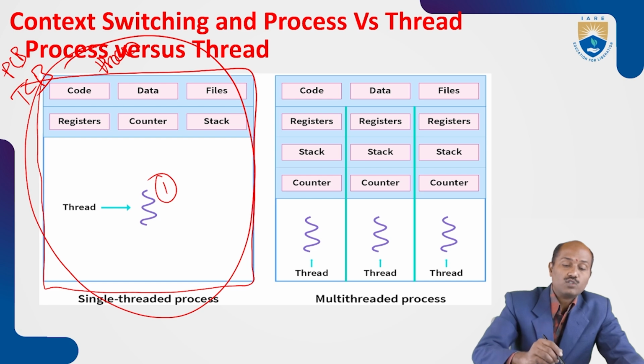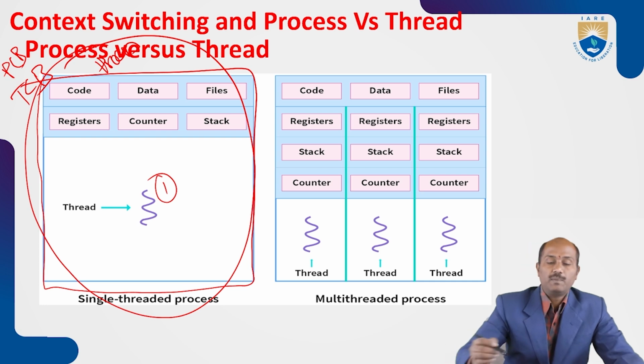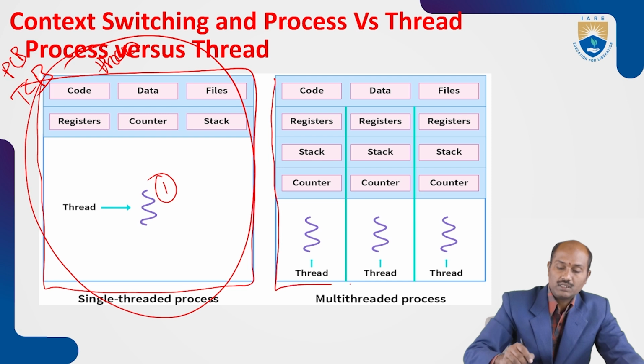Inside the process there is only one thread. It consists of a single threaded process. It means code, data, files, everything consists of that is a thread control block. That thread control block, even with one thread, is a single thread process. If many threads consist, it becomes a multi-thread process.